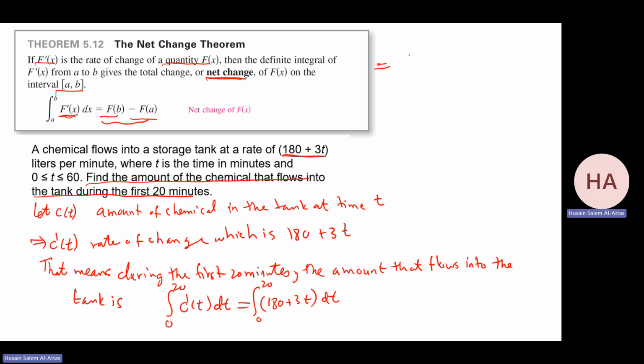Do the integration. That will be 180t plus 3t squared over 2, from 0 to 20. The change from 0 to 20: B is 20, A is 0. So that'll give me what? 180 times 20 plus 3 times 400 over 2 minus 0.